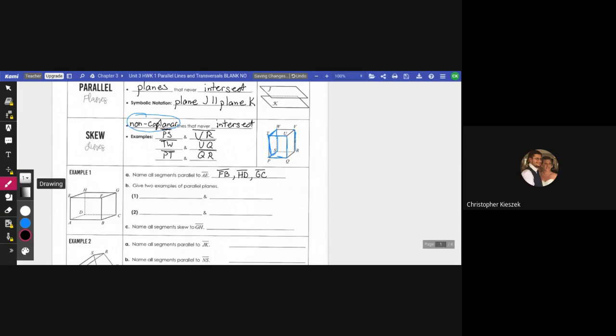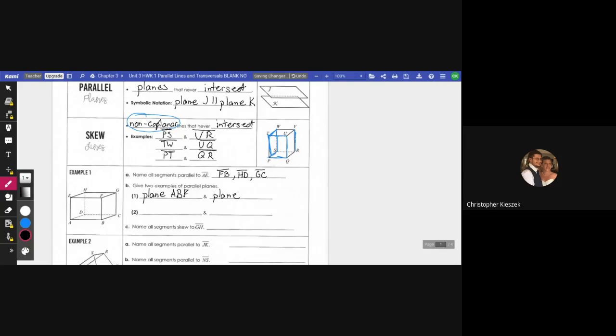Let's name one plane. Let's name the front of the box. So plane, remember how to name planes from last chapter? Three points. So plane ABF. I don't necessarily need E here. I could, which we'll see in a couple of chapters from now, but I only need to name plane ABF. And what's that parallel to? The back of the box.